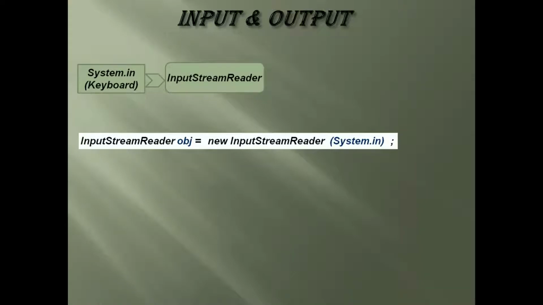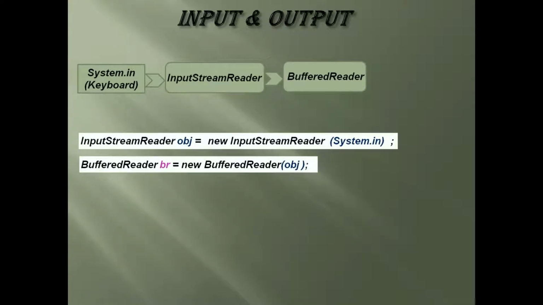Then we need to connect InputStreamReader to BufferedReader, which is another input type of stream. And we are using BufferedReader because this is used to read the data more properly, which is coming from the stream. So here we are creating a BufferedReader object br and connecting the InputStreamReader object obj to it.